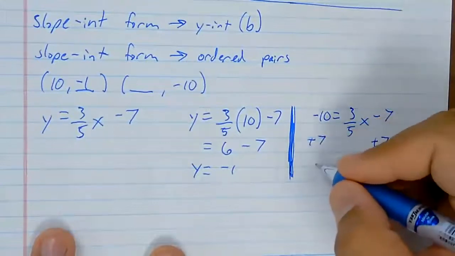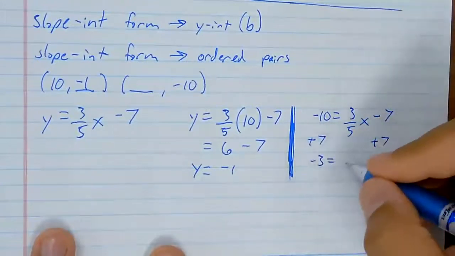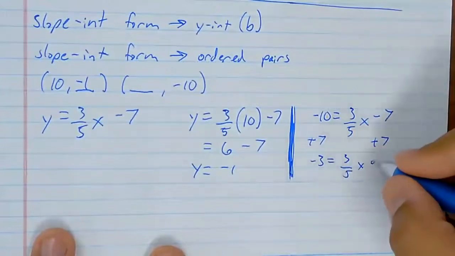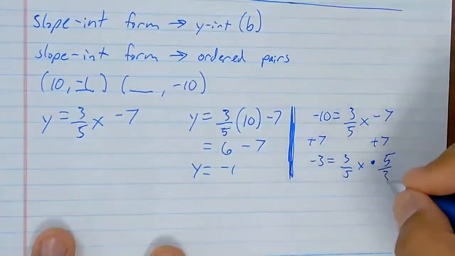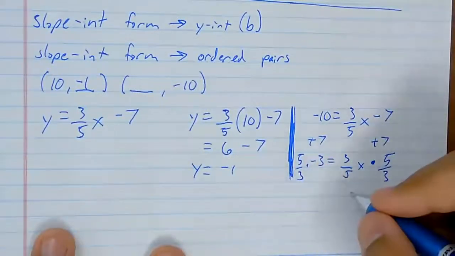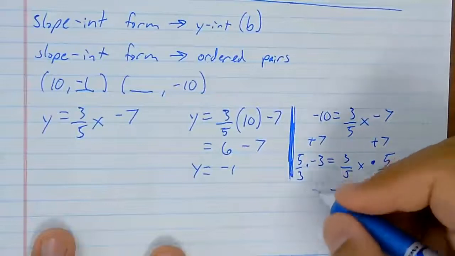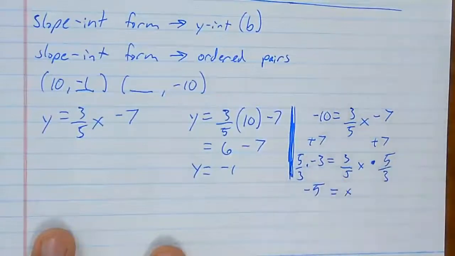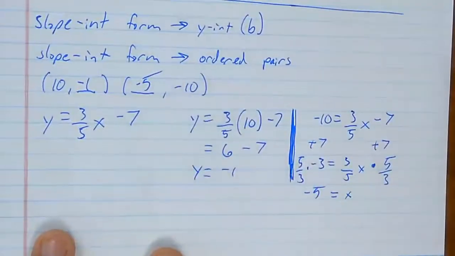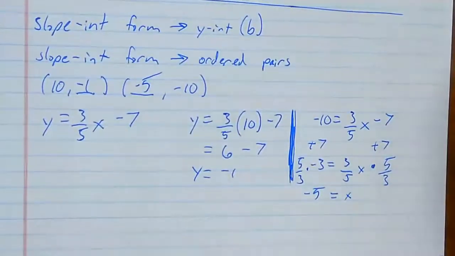Adding 7, we have -3 equals 3/5 x. We multiply by the reciprocal of 5/3. We end up with x equals -5. So the ordered pairs are (10, -1) and (-5, -10).